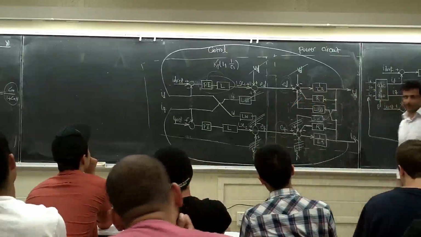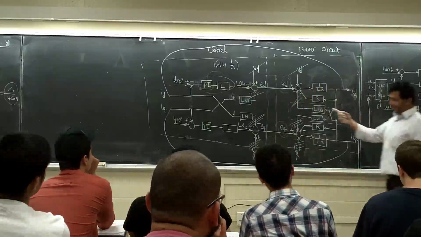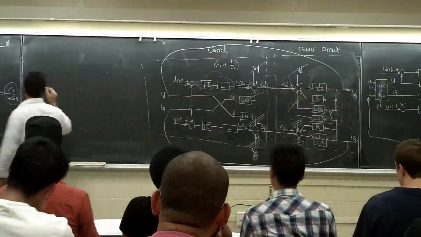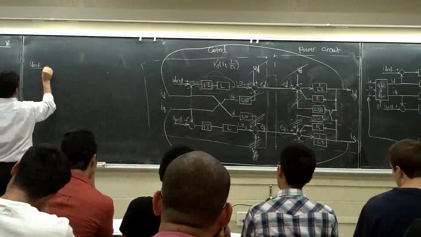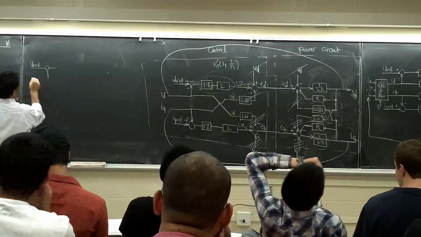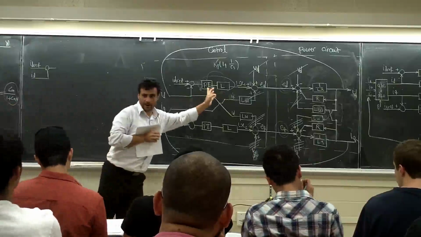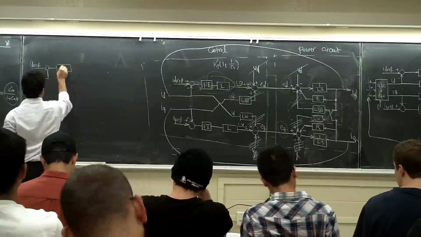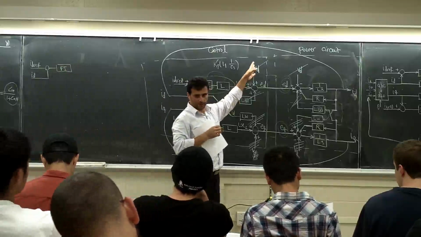Right? So let me replot this system. It's going to be much easier. I'm going to put L inside this PI, right? So it's going to be like this. Basically, you don't need this. I'm going to have a PI here, right?